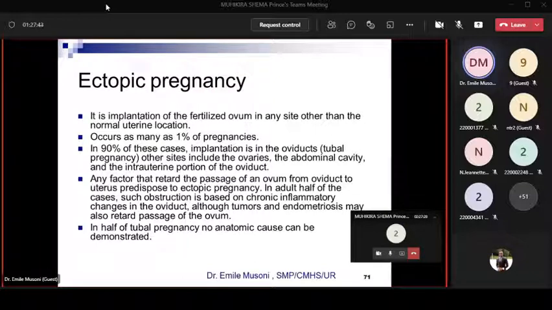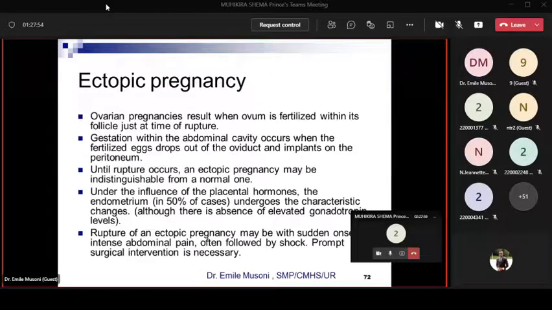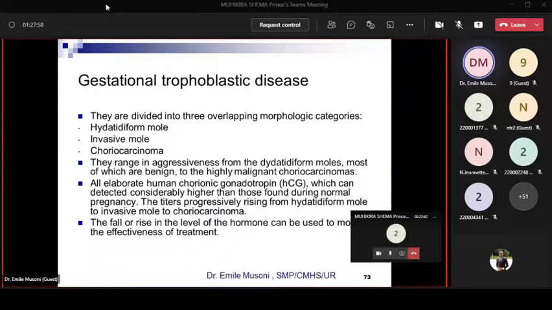But the most common ectopic pregnancy is in the fallopian tube. This is not even interesting. Let us see the gestational trophoblastic disease, that is, hydatidiform mole, invasive mole, and choriocarcinoma.